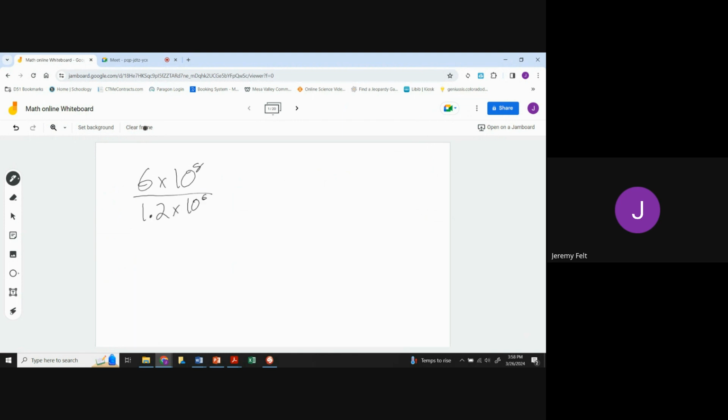So 6 divided by 1.2, those coefficients. 6 divided by 1.2 is actually 5.